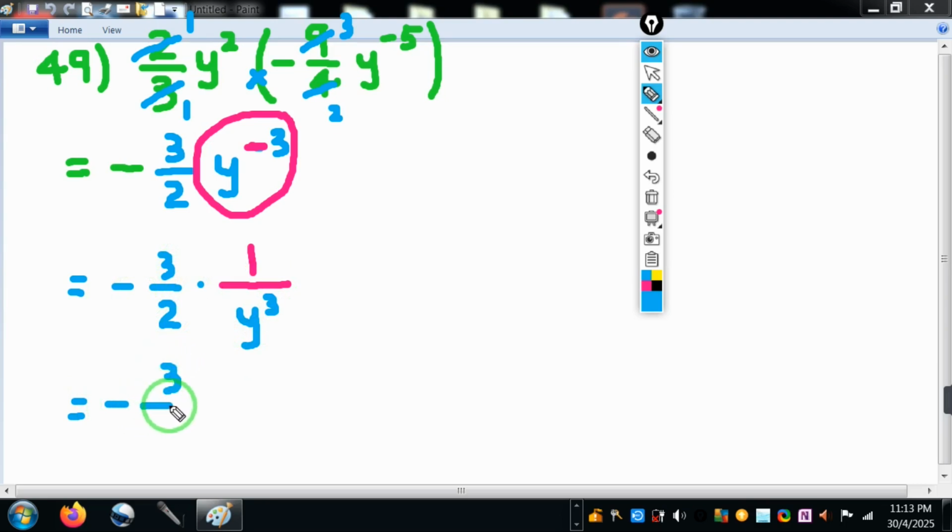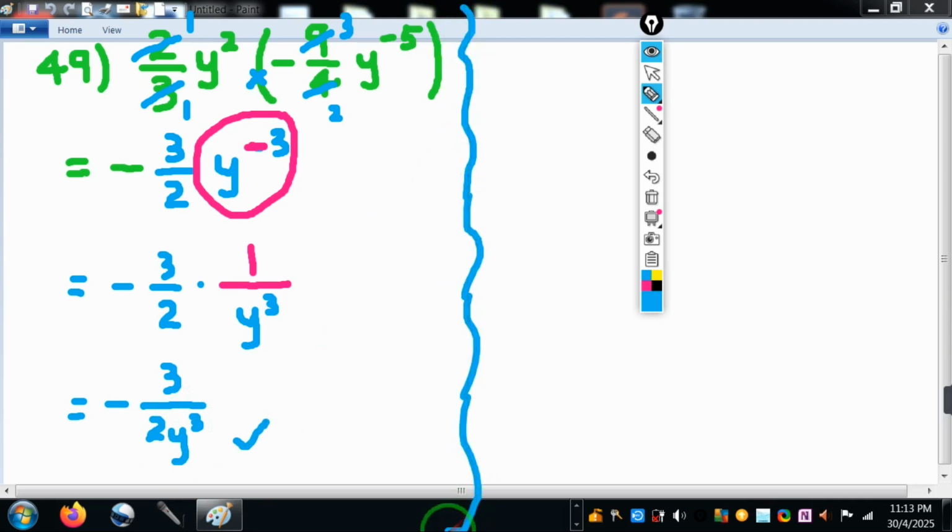And 2y cubed is 2y cubed. Whoa, so nice. 100% correct. Now, allow me to write 50. Go back to green. Same sum. And do the division sign right now.